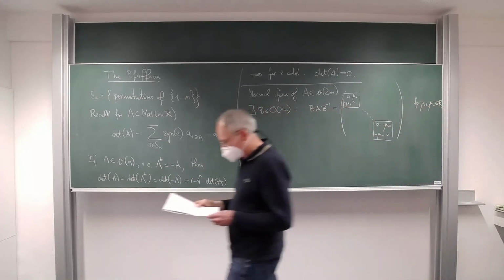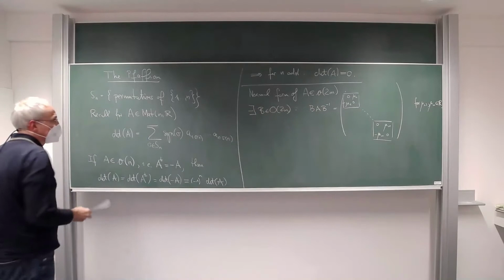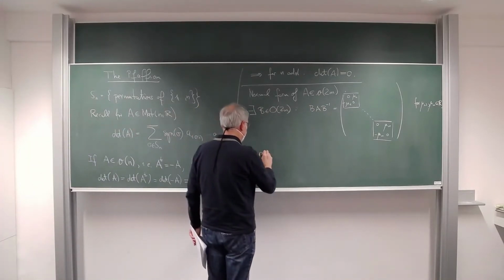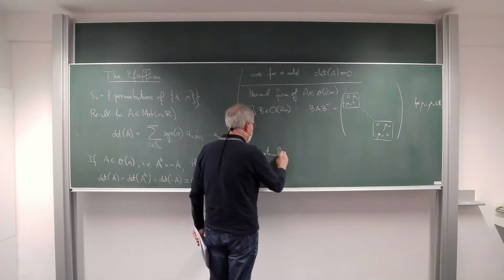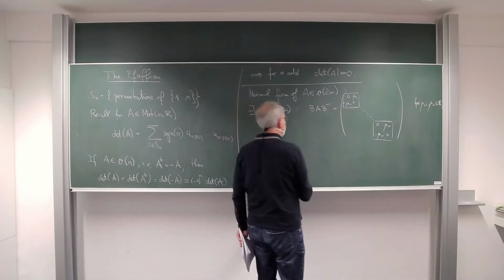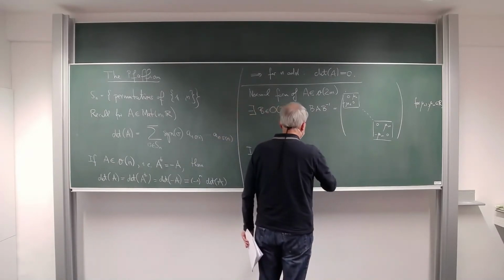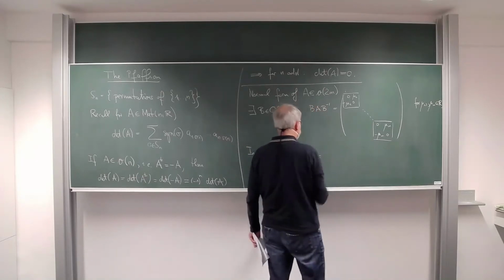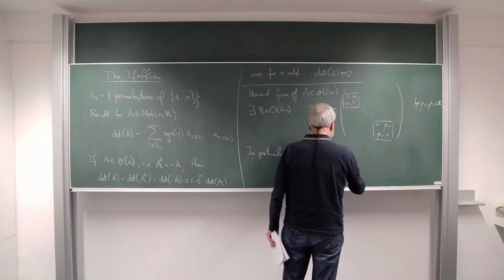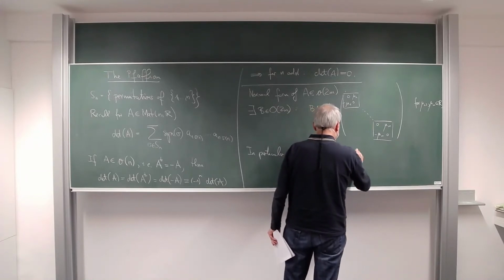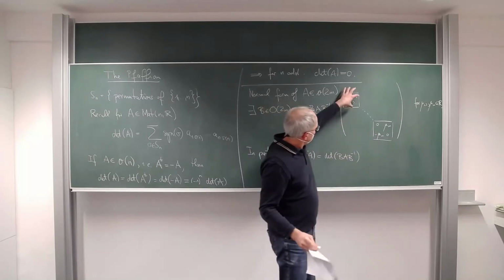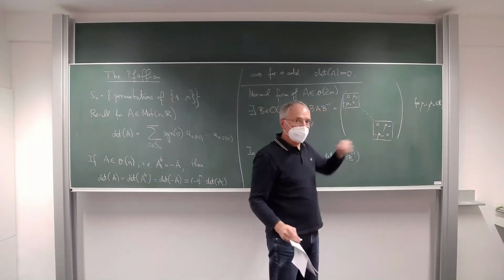Okay, so that is the normal form. In particular, if you look at the determinant of A, which is the same thing as the determinant of that thing, since the determinant is invariant, the determinant of this we can directly read off. It's just the product of the determinants of these blocks.